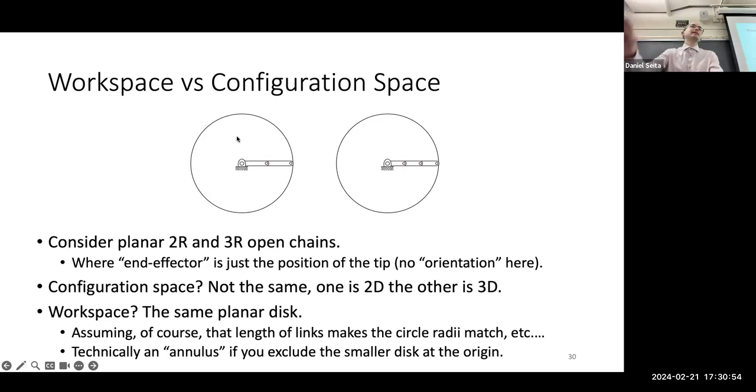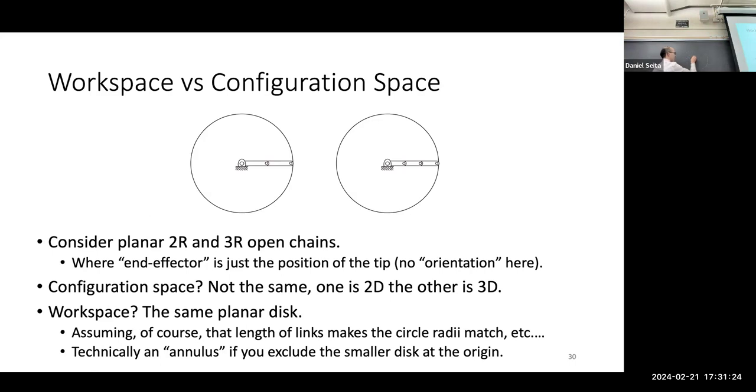Because the workspace is the set of points where the end effector can reach. So if you really want to be precise, you can think of it as an annulus, which means you have a circle, but you have a disk where the center of the robot is, like the origin. It's because the end effector can't actually be there if the robot base is there.